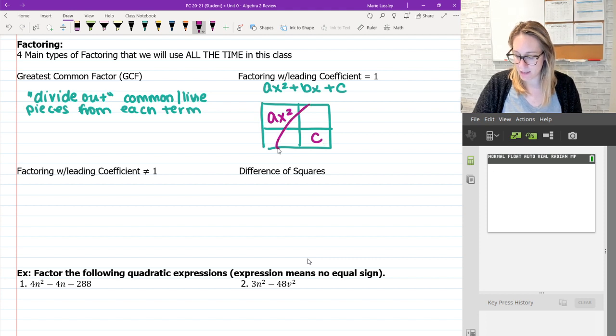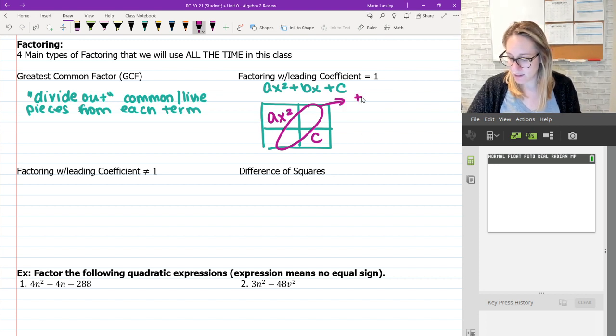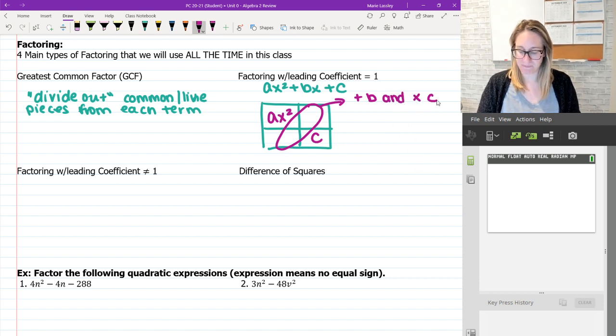And then those two boxes, this is going to be your bx term split. What goes in here is going to be whatever adds to b and multiplies to c.